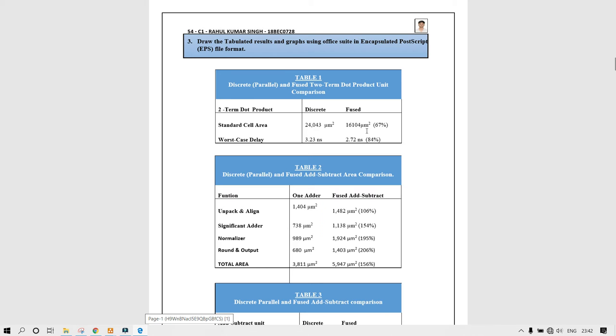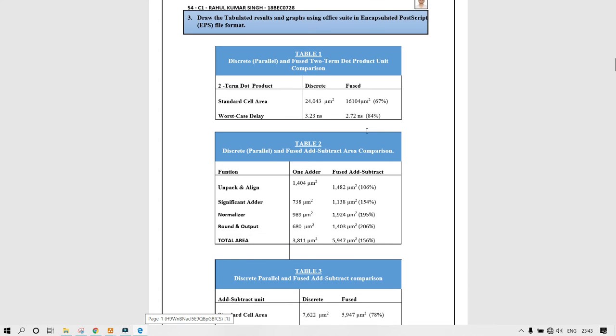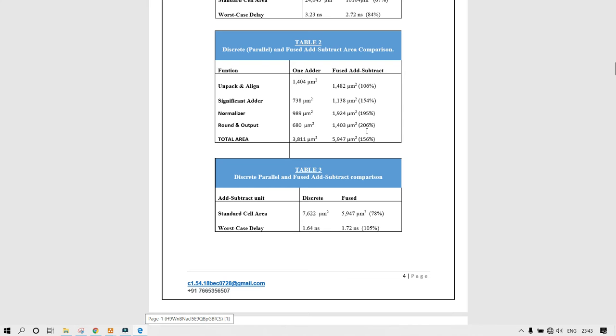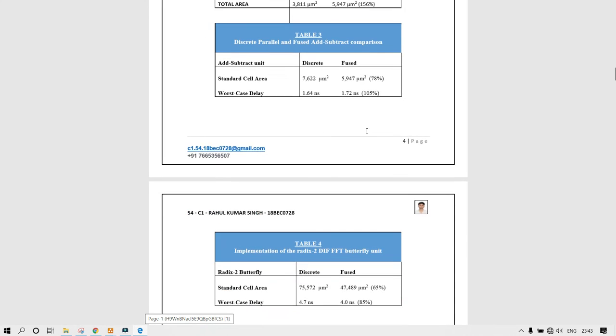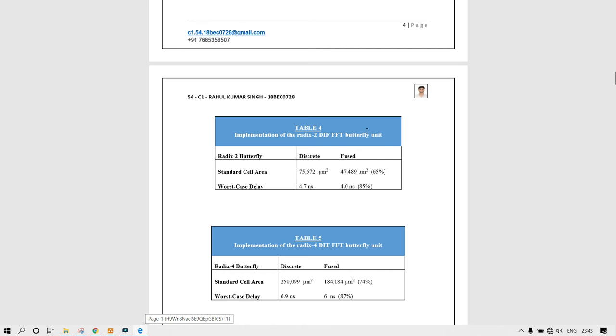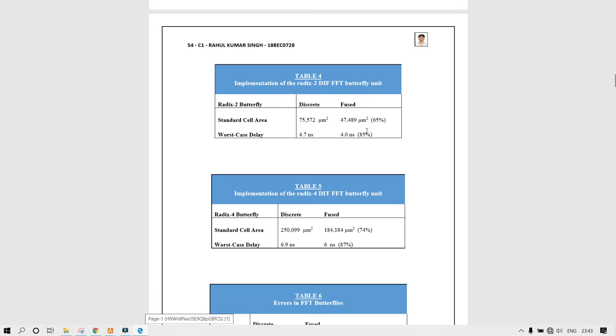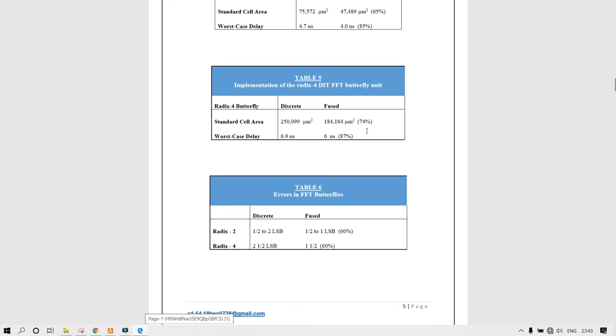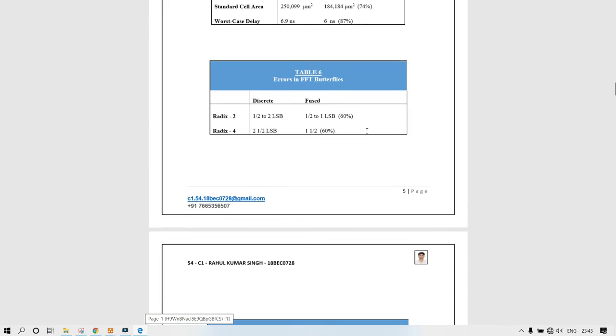Similarly, the other tables compare the existing architecture and the architecture discussed in the paper with different criteria, such as table 2, which compares fused add subtract area, table 3 shows discrete parallel fused add subtract comparison, table 4 shows implementation of radix 2 DIF FFT butterfly unit, table 5 shows implementation of radix 4 DIT FFT butterfly unit, and table 6 shows error in FFT butterflies.